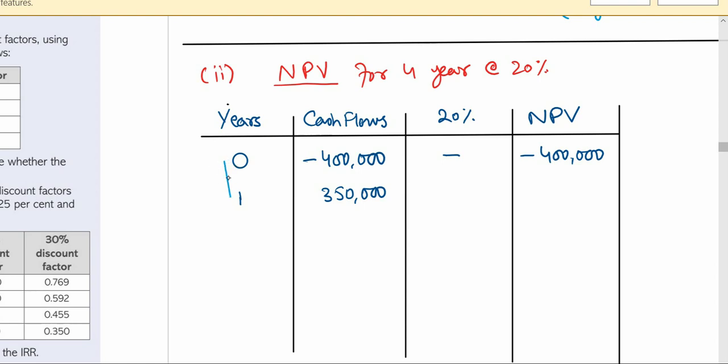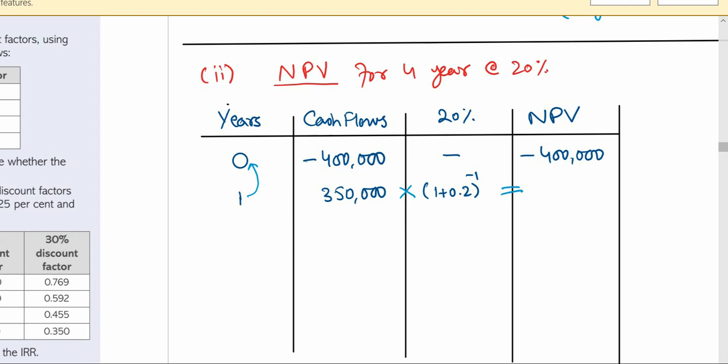How to discount it? By applying the discounting formula: 1 plus 0.2 raised to the power minus 1. For the present value, 350,000 is multiplied by this factor, then we get the answer.